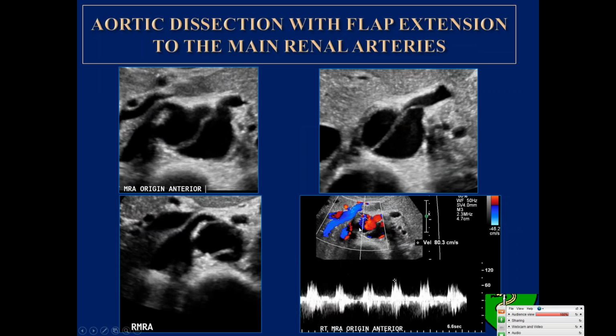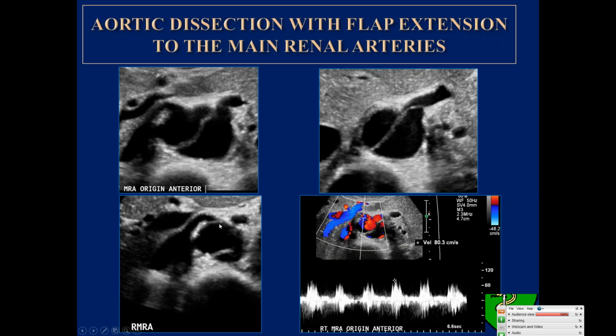Other things that may affect the main renal arteries is a dissection, and usually dissections represent an extension from an aortic dissection, and they may also dissect into the main renal arteries, so it's important to make sure you interrogate these vessels and look for elevated peak systolic velocities that will tell you that the main renal artery is compromised because the true lumen is very narrow.